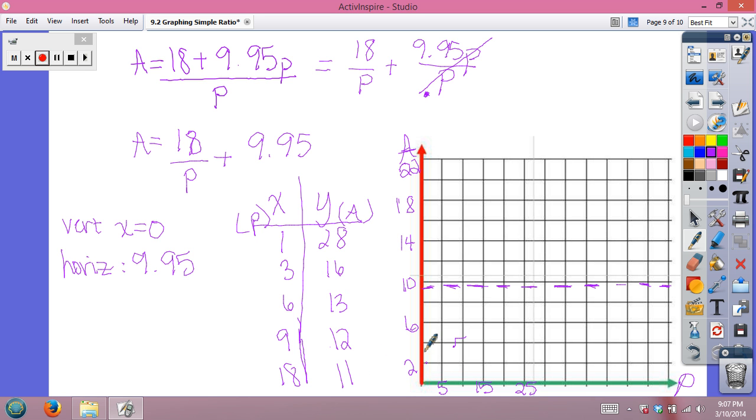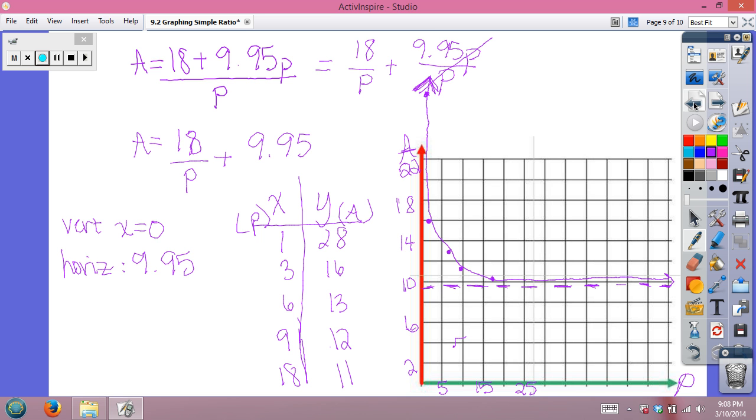Plotting those points, 3, 16, 6, 13, 9, and 12, and 18, and 11. So notice that we still have a section of the hyperbola, but because we don't want negative people or negative dollars, we won't go in the other coordinates.